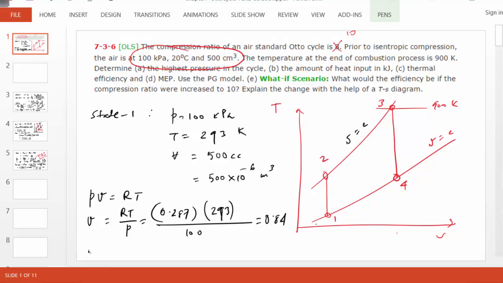So the mass, which is total volume by specific volume, density times volume, density is 1 over specific volume, is, if we substitute the expression, 500 times 10 to the minus 6 meter cube over 0.84 meter cube per kg, a very small amount.